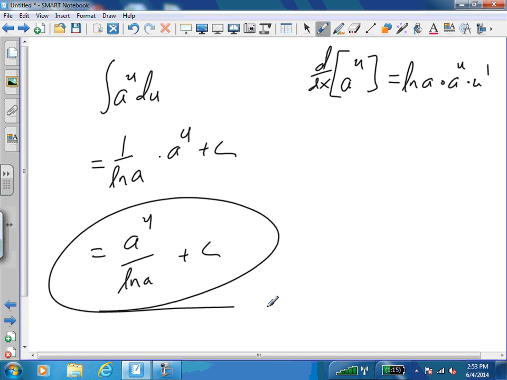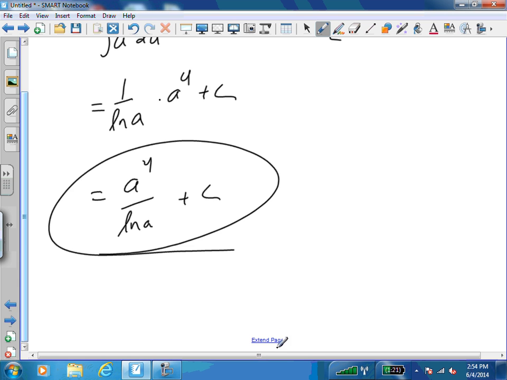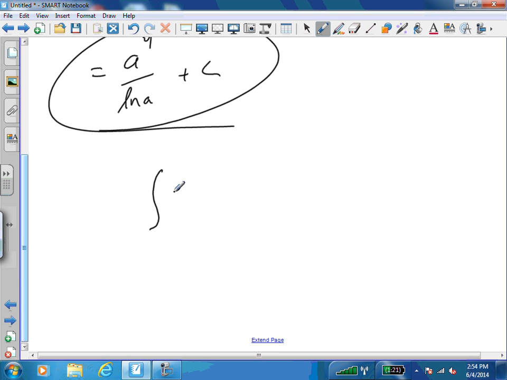Let's see. So one or two of those. We want to integrate 7 to the 2x dx.